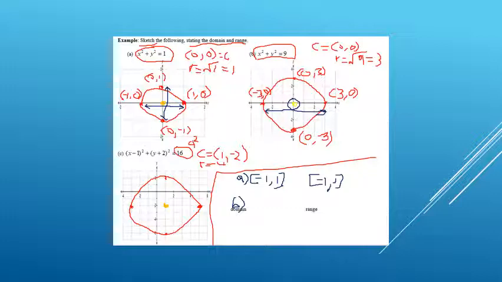So that's the domain of the second one, -3 to +3, and its range is the same, -3 to +3. Always put the most negative number first when using this notation. And square brackets because it's equal to those points.